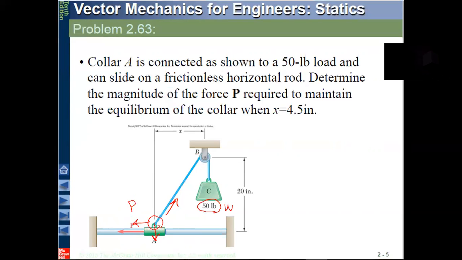In the free body diagram, if you consider the point that connects collar and the tension in the cable, you have an upward force from the cable. You have P in the horizontal direction, and also you must have some force in the y direction, which is actually acting upon collar A by this rod.